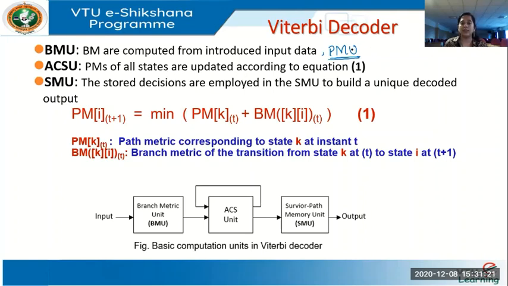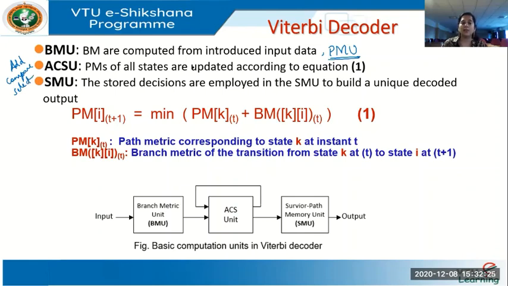This unit is computed by considering multiple paths taken to a given node. So I have two paths reaching a node in general. Then I'll take the lowest weight among the two paths. Whichever path has the least distance, that path is considered. ACSU stands for add, compare, select units. So this is add, compare, and select units.